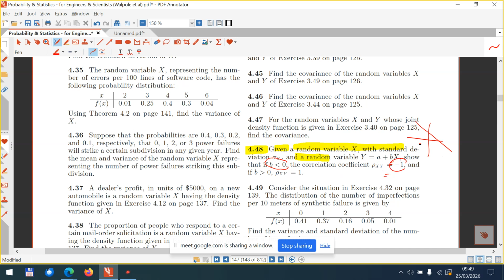But if b is positive, then the relationship will be of this kind, and so you can also use this for future discussions, that whenever rho is equal to 1, this is a pure linear dependence. And if it is -1, then it is also a linear dependence, but with a negative slope.